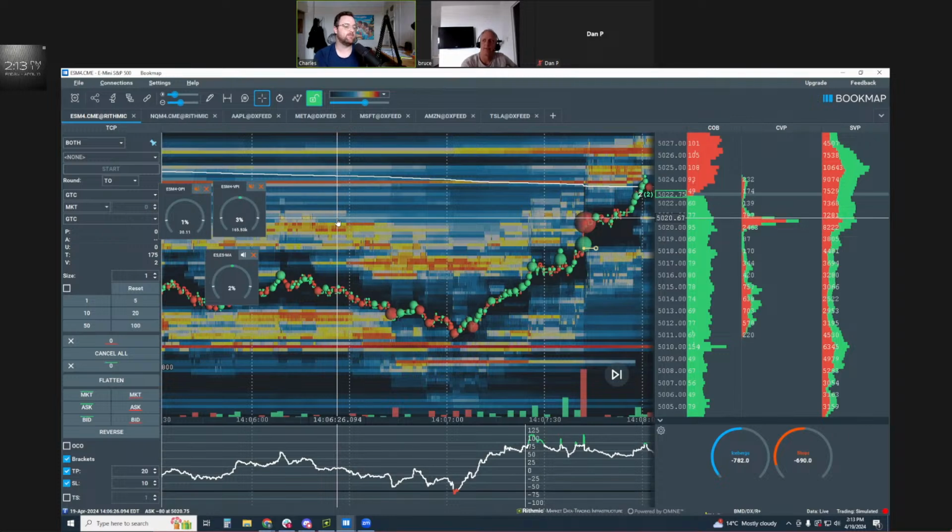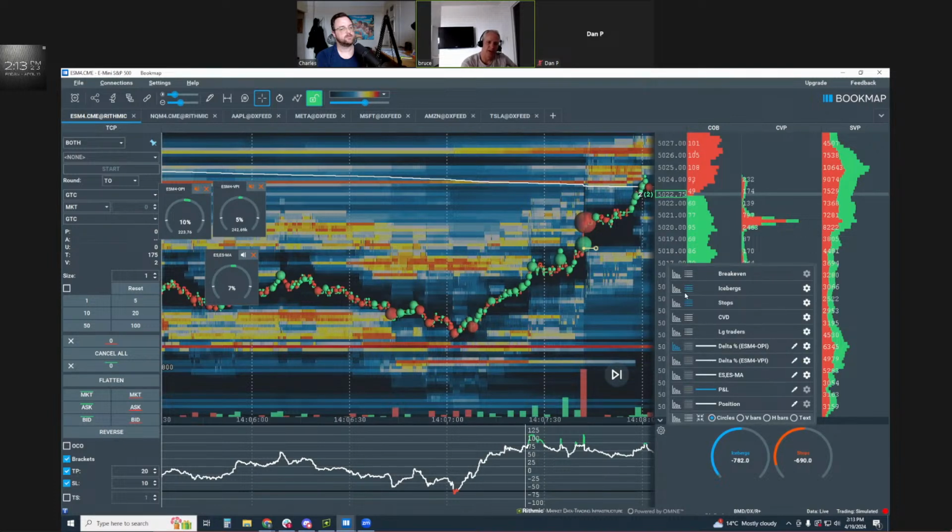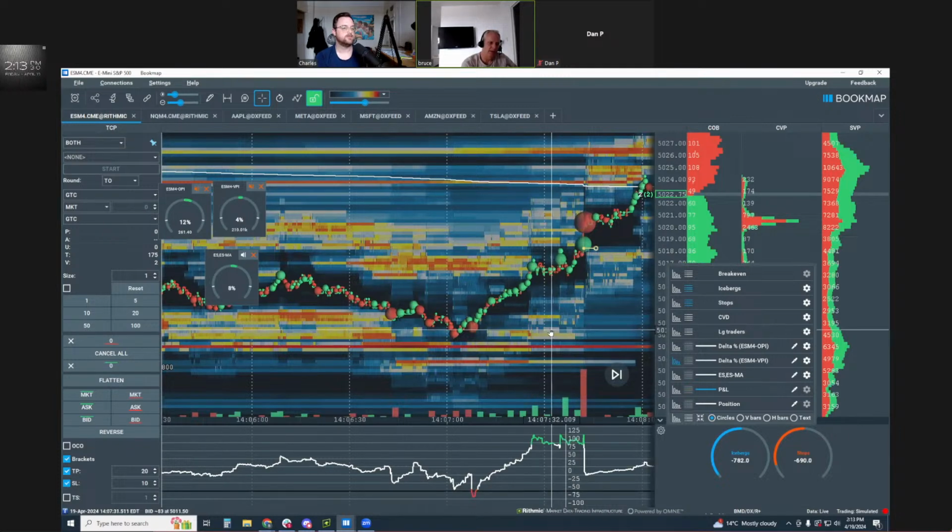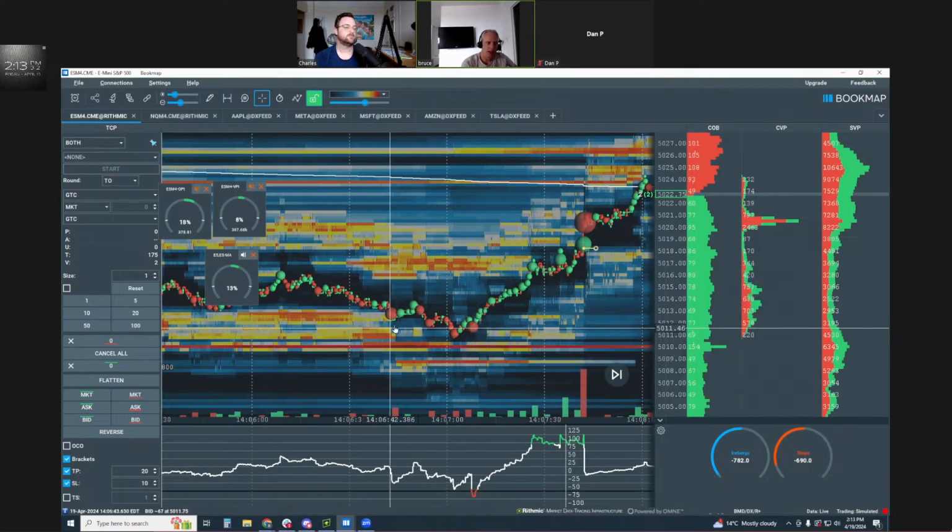So now when we combine the two, what are we seeing? Volume pressure imbalance is actually pretty similar in its output, but it's going to be different because it's based off of volume. This one's easy to read because you can see the big dot here, right?